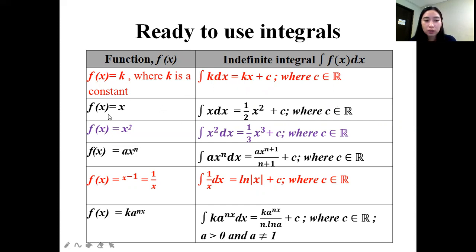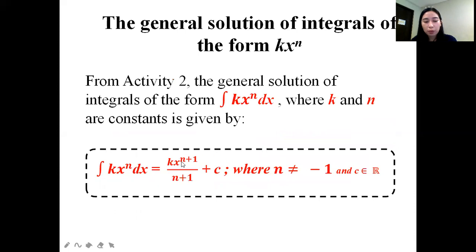So f of x, kung f of x is equal to x, so kini siya, gilaray ni siya. Gikan kung constant lang, kung x to the 1 lang, x squared, ax^n, ana siya. So gilaray. So f of x is equal to x, ang mahitabo, since we are going to find the indefinite integral of x dx. So awato nato ni nga porma.